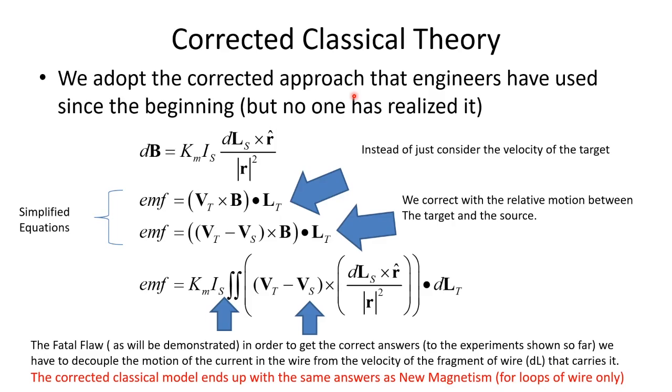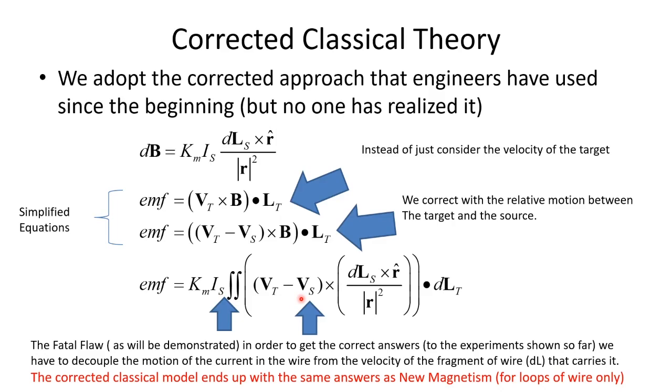Well, what we need to do is we're still going to do the same thing: we're just going to replace the VT, VS in the equation like everybody does, but we're not going to then discombobulate the current. In other words, the velocity of the sources in the wire are not going to be considered part of the velocity of the source.